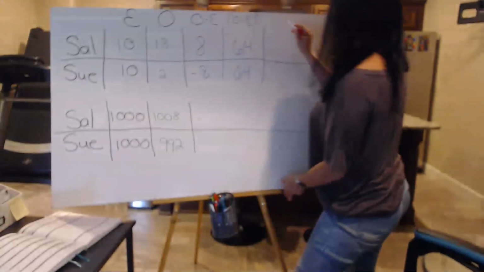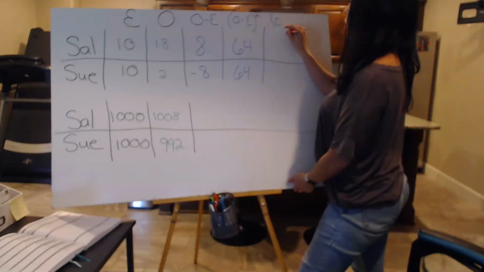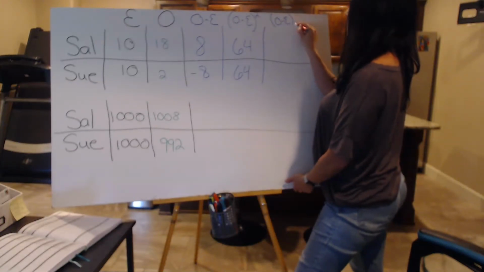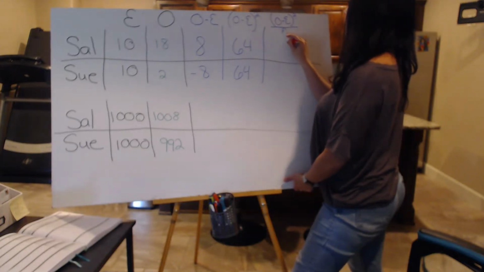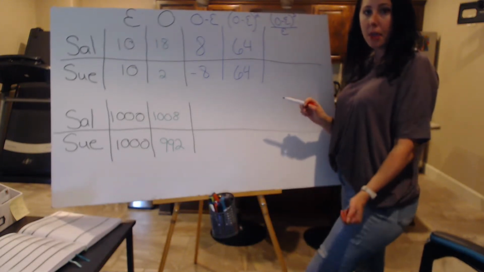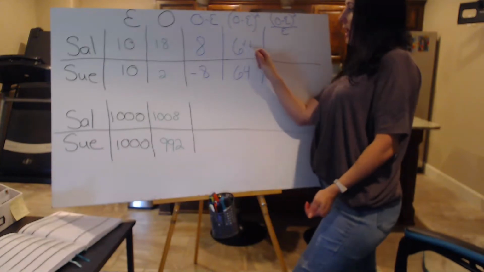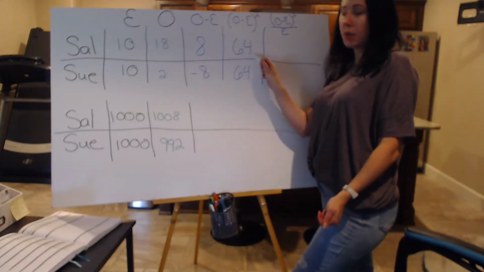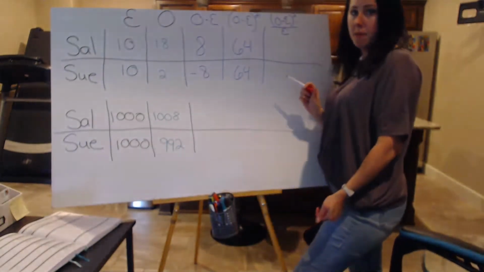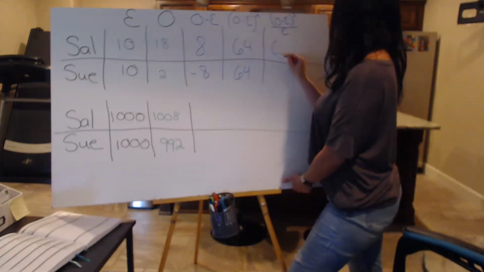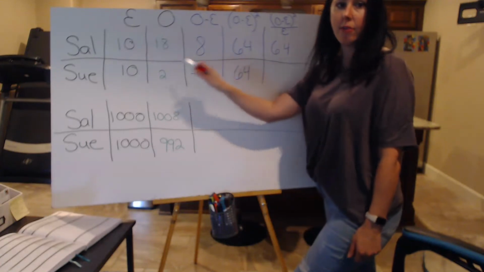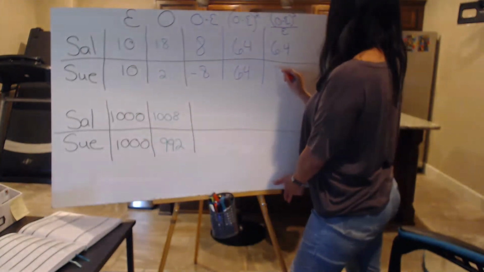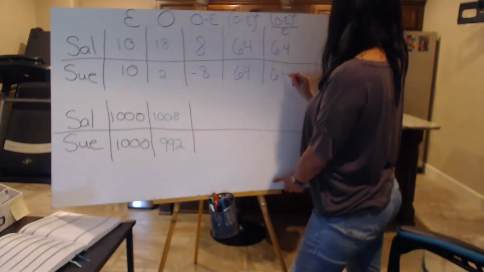So now we're going to have O minus E squared all divided by E, the number that was expected. So in this case, we're going to have 64 divided by 10, which is 6.4. Again, 64 divided by 10, which is 6.4.